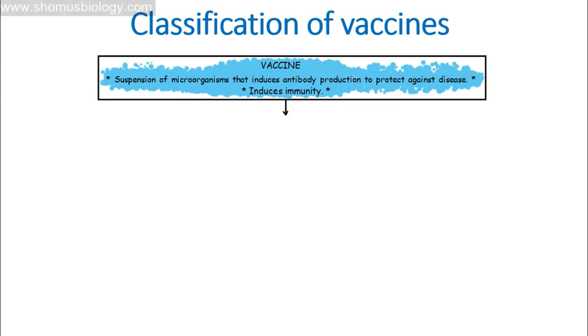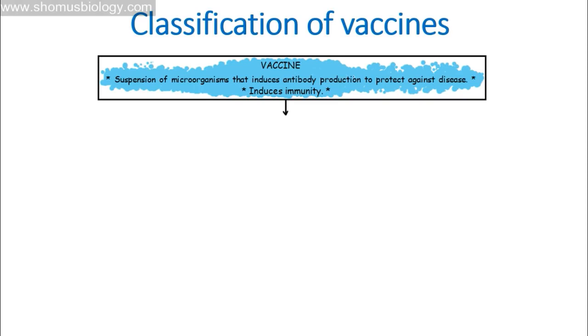So what we are doing is we are introducing a little dosage of those microorganisms, an inactivated form of those microorganisms, into our bloodstream, so that our body's immune system is going to become familiar with them and be influenced by them to produce proper antibody against them.